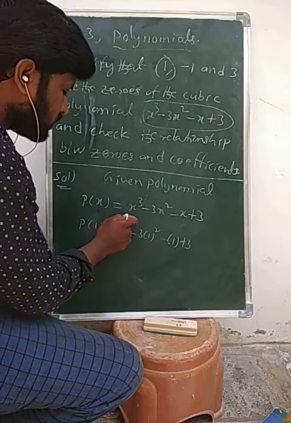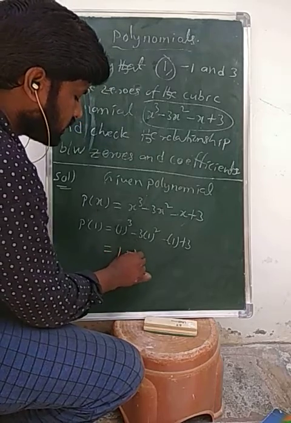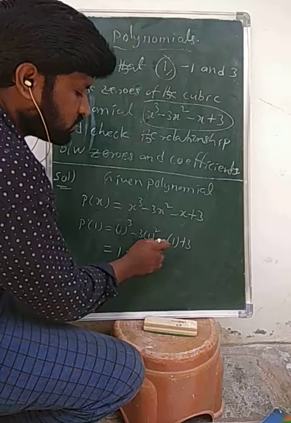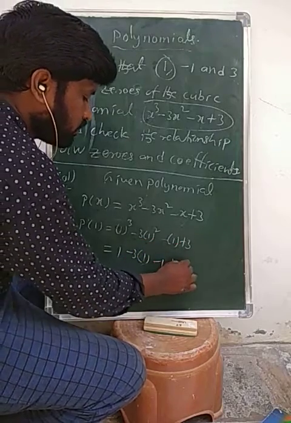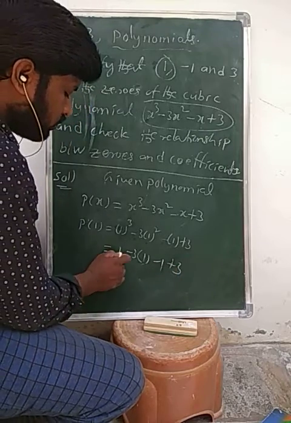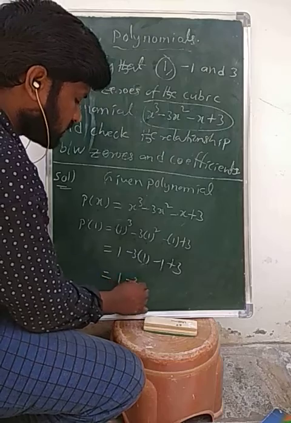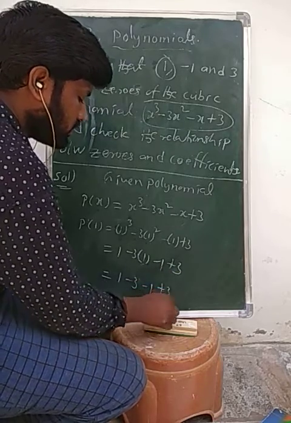So 1 cube is 1, minus 3 of 1 whole square is also 1, minus 1 into minus of 1 means minus 1, plus 3. 1 minus 3 into 1, 3 of 1, that is minus 3, minus 1 plus 3.